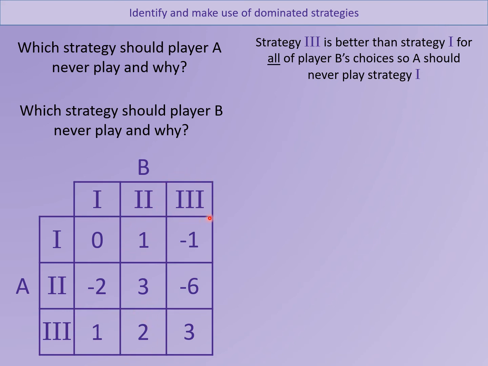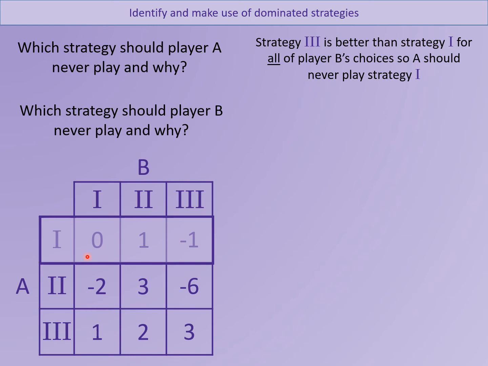Or if B chooses option 3, A will either lose 1 or win 3, and winning 3 is better. So in this case, choosing option 3 will always be better for A compared to choosing option 1. So option 1 should never be played by player A. We can therefore remove that option from the payoff matrix.